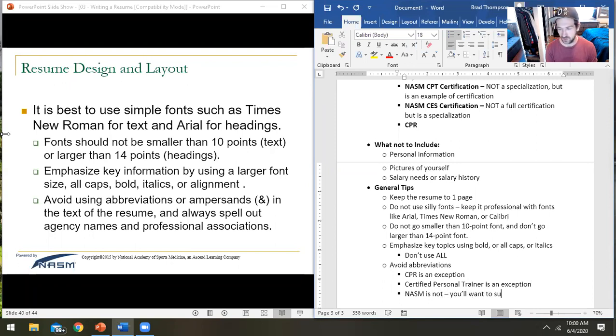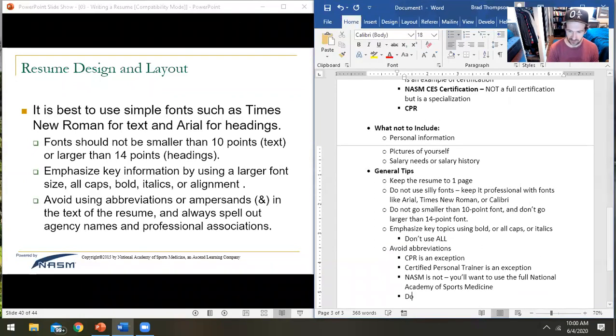You'll want to use the full National Academy of Sports Medicine. Okay. Oh, and don't use ampersands either. How do you spell ampersands? Right, that's the and symbol.